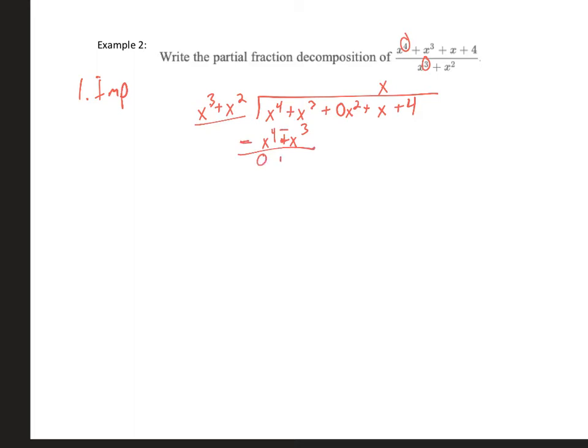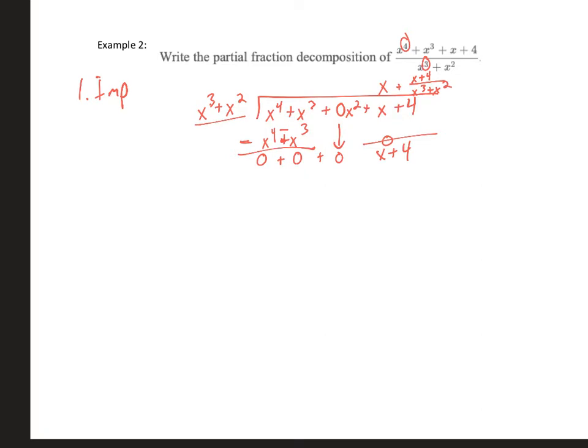I get 0 plus 0 plus this comes down, that's a 0, that's nice. So this stuff is my remainder because it has a degree that's less than the degree of my dividend. So we can write it as plus x plus 4 over x cubed plus x squared.